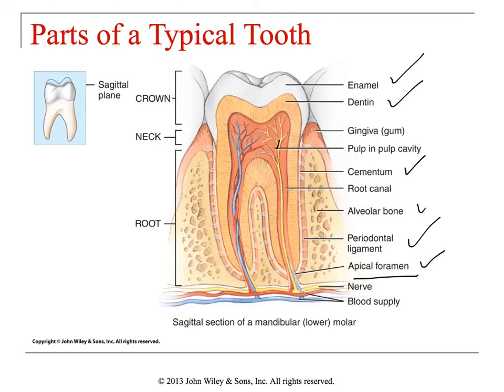Alveolar bone is where the teeth are going to be. And then the canal is where the pulp continues down into the root. So on the root, the neck, and then the crown. The crown is exposed from the gum, the neck is kind of within the gum, and then the root is down into the bone.